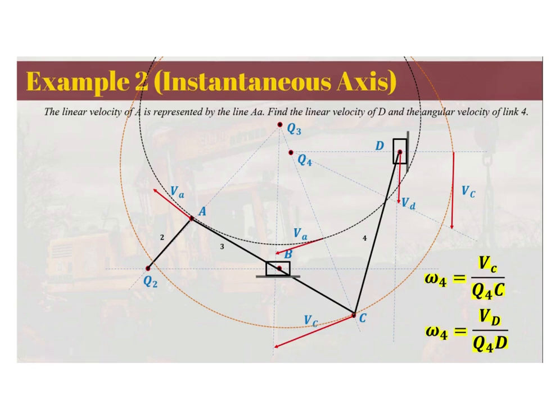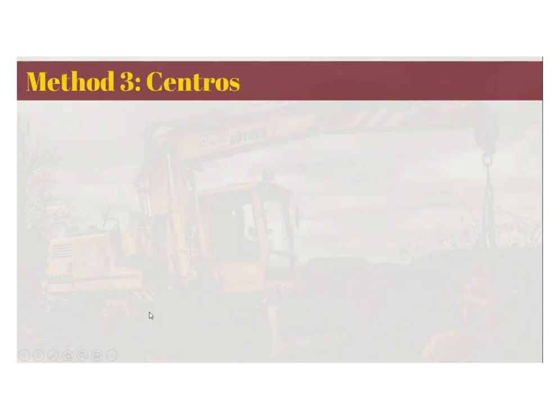The good thing about this method, unlike method number 1, is that you can now find the angular velocity of floating links. If you wanted to find the angular velocity of the floating link 3, again all you have to do is divide the velocity of A by the line joining Q3A, or you may resolve VA into components and then use the component method to find the angular velocities. So that is the second method.